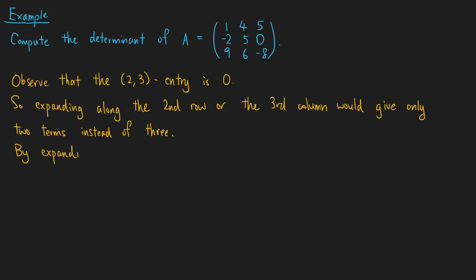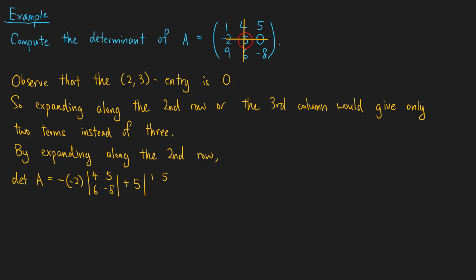If we expand along the second row, the determinant of A is equal to negative of negative 2 times the determinant of 4, 5, 6, negative 8 plus 5 times the determinant of 1, 5, 9, negative 8 minus 0 times 1, 4, 9, 6.